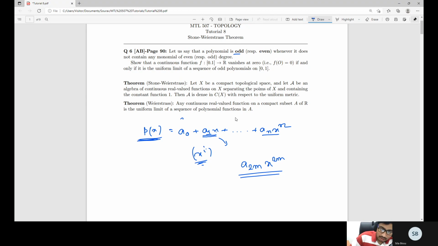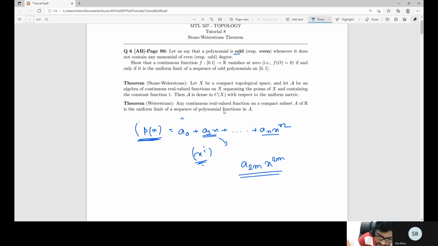So we call a polynomial p an odd polynomial if there is no monomial of even degree. And similarly, we call it an even polynomial if there is no monomial of odd degree, right?